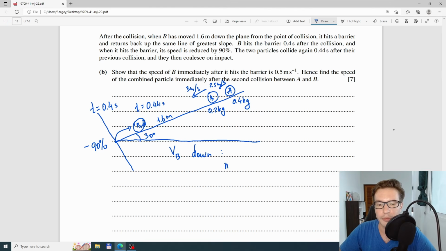So mass times u squared over 2, that's the kinetic energy of particle B on top of the plane, and it also has potential energy because there is some height as compared to this level. So plus mgh. So that's the total mechanical energy of particle B on top of the inclined plane. And just before it hits the barrier, there's only kinetic energy, which I'm going to call mv squared over 2.